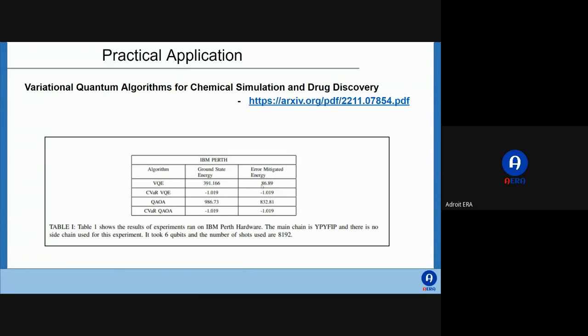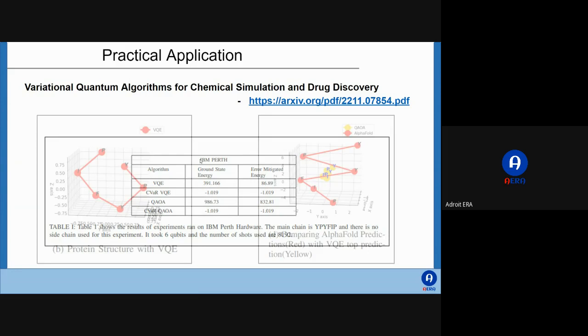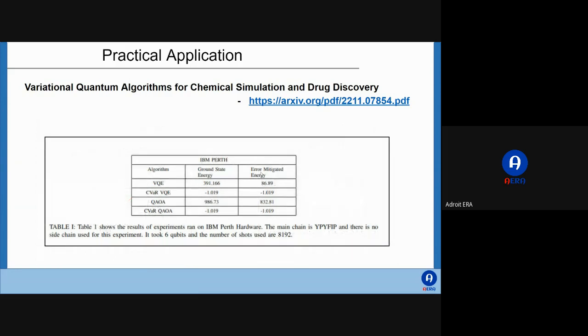We found the lowest energy value. I'm not saying that this is the lowest, but when we computed this on IBM Perth, the lowest value found was 86.89. But when we used CVaR VQE, conditional value at risk VQE, the ground state is found to be minus 1.019.